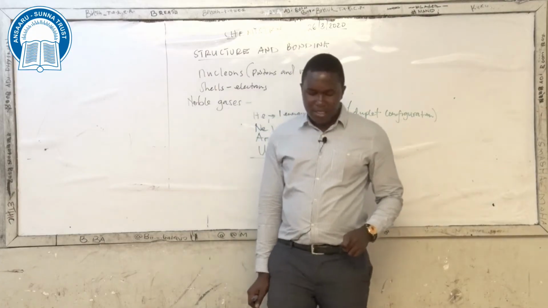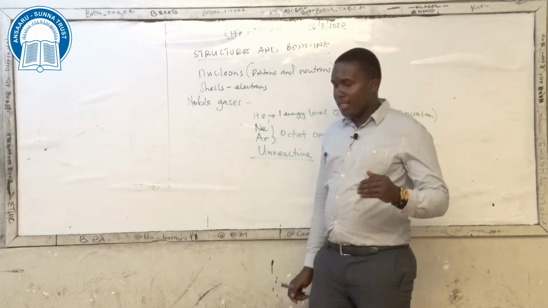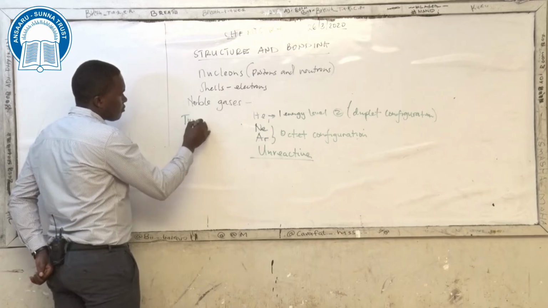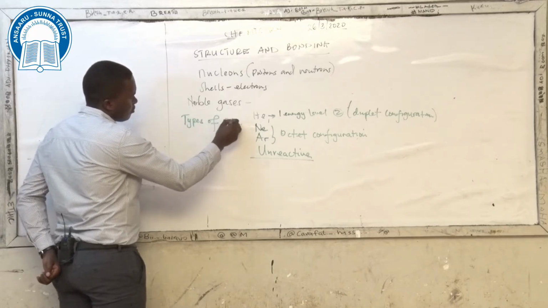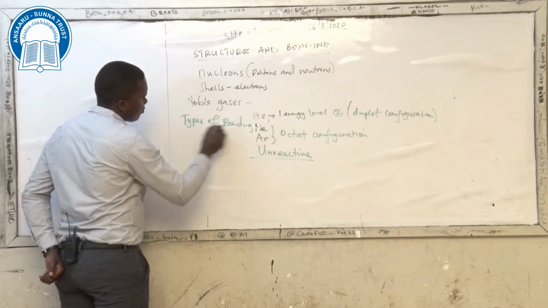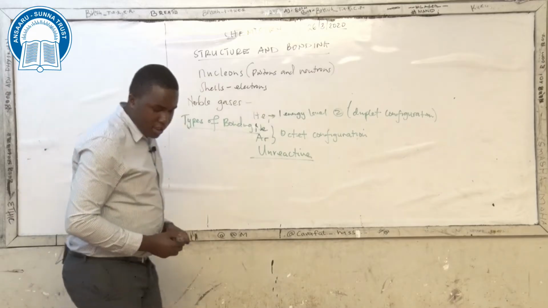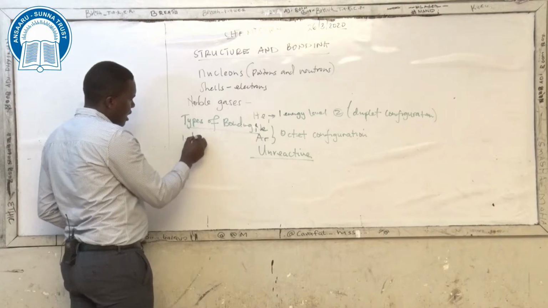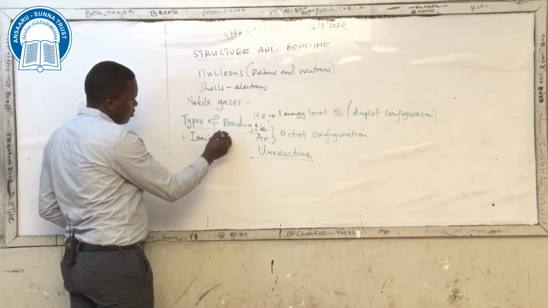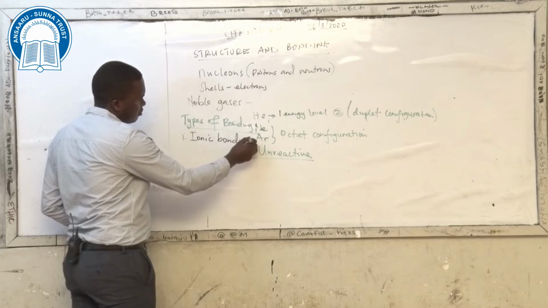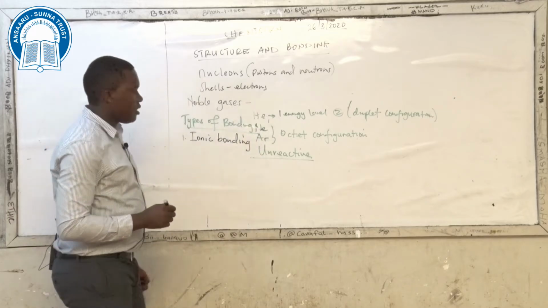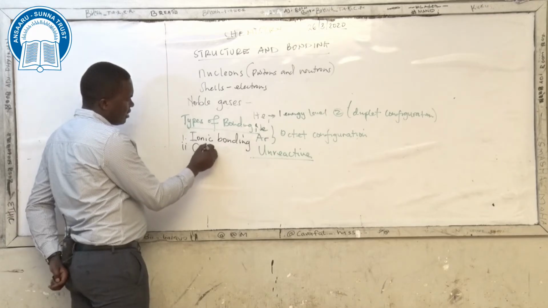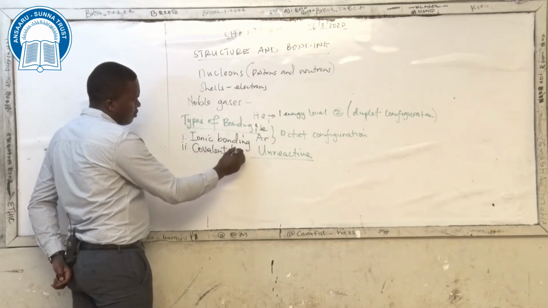Now, we want to look at types of bonding. We have one, ionic bonding. We shall discuss each of them. Two, we have covalent bonding.